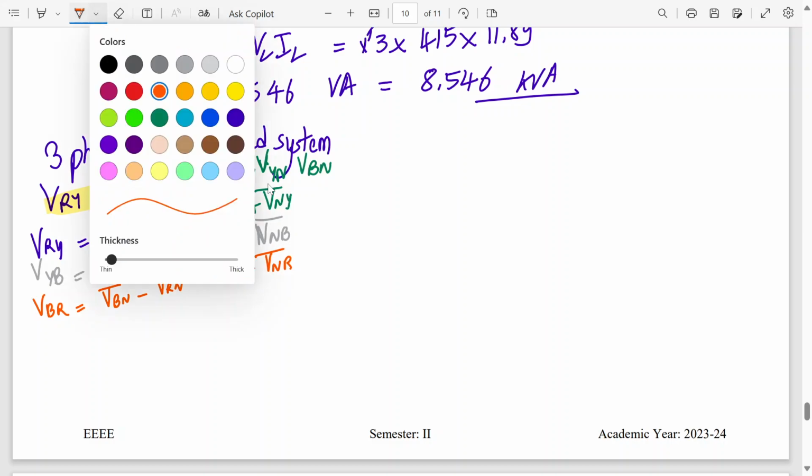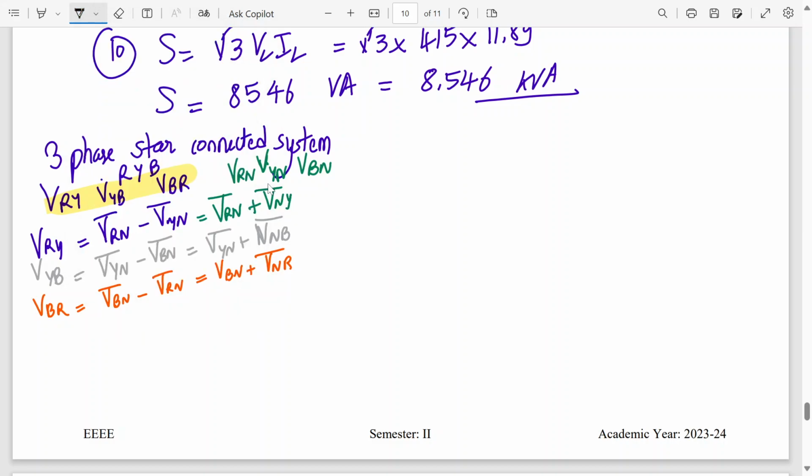So will we start with line voltages or phase voltages first? Tell me. We have to start with phase voltages first. Are you listening? How will you draw the phase voltages first? 120 degree apart. Let me draw it.